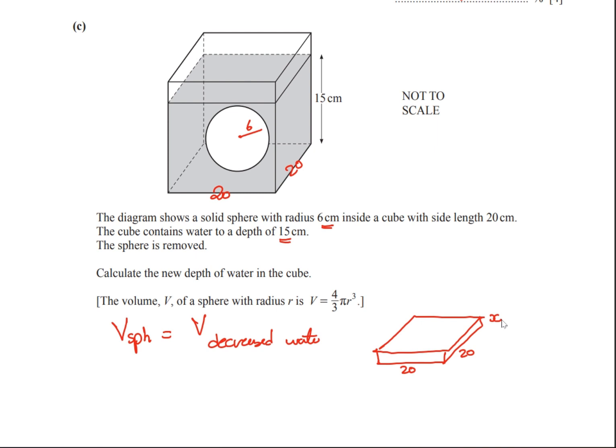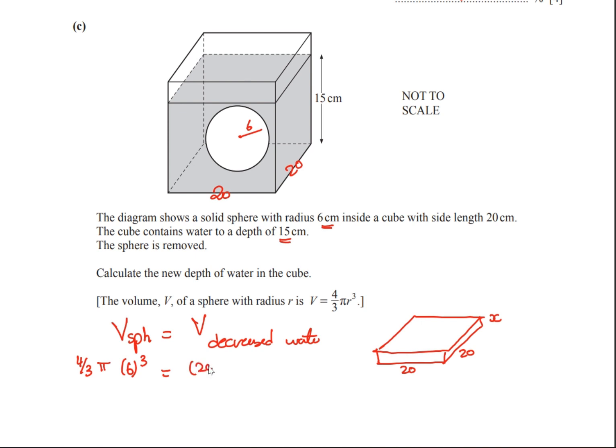Okay, so what is the volume of the sphere? 4 over 3 pi r cubed, which is 6 cubed, equals the volume of the decreased water. The amount of the decreased water will be a cuboid.